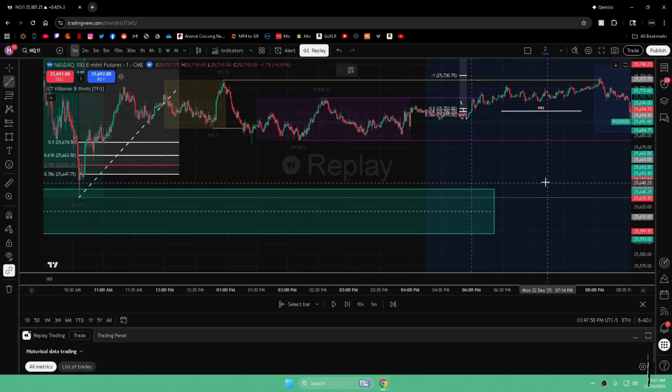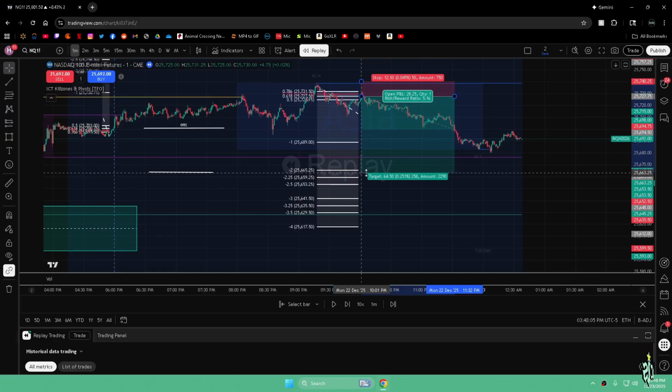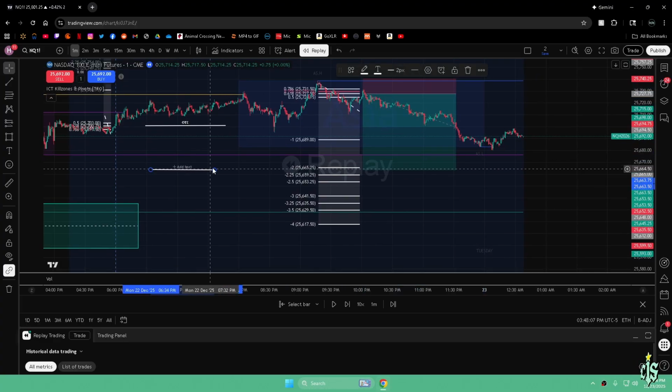So here's our OTE range that we could have aimed for, right here, because price wants to balance this range.